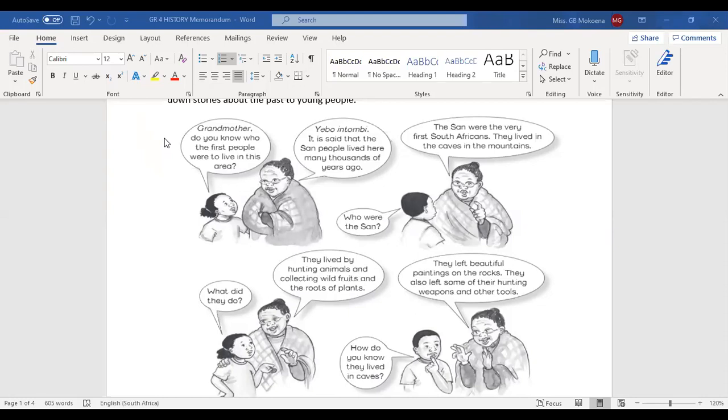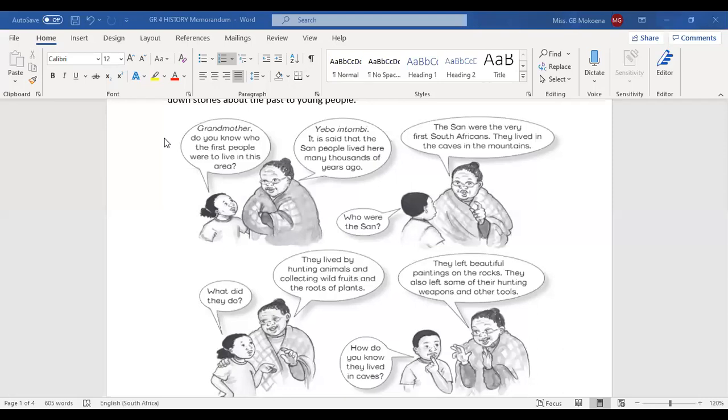Grandmother, do you know who the first people were to live in this area? Well, it is said that the San people lived here many thousands of years ago. Who were the San? The San were the very first South Africans.